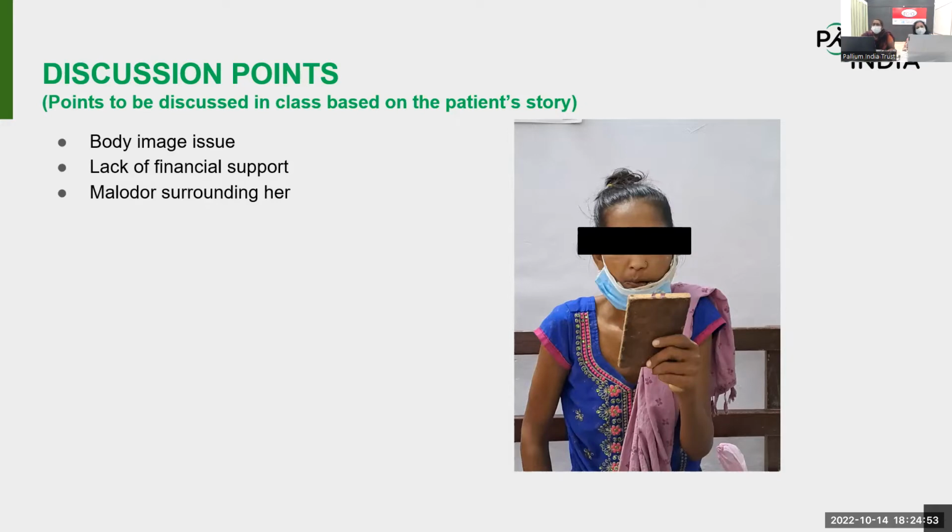So better you do an individual assessment, listen to her problems and explore her emotions. Once she is able to explore her emotions, definitely she feels some kind of mental relief. So if possible, you could do an individual assessment for this patient. And lack of financial support, how will you manage?